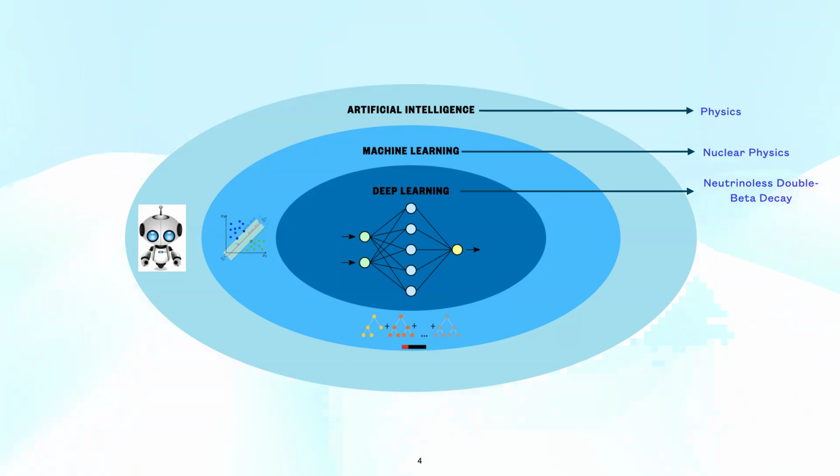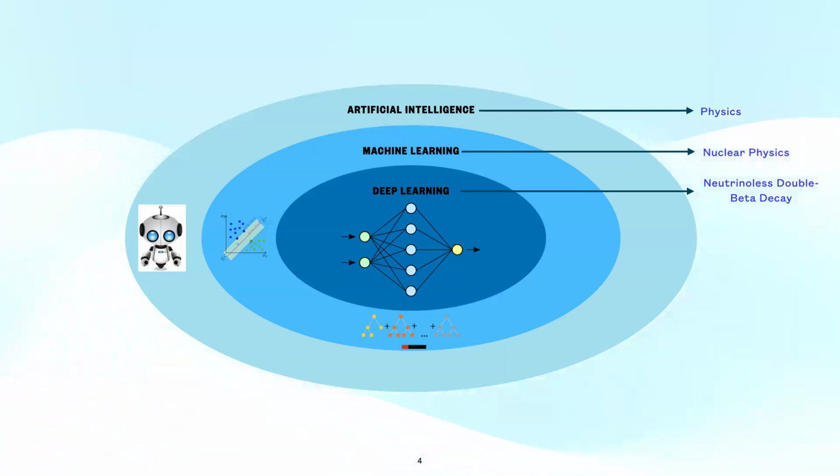Machine learning is contained within artificial intelligence. It contains a lot of different models like neural networks, support vector machines, and the boosted decision tree model we're going to talk about. Machine learning is smaller than artificial intelligence, but it's still a very broad field. And deep learning specifically refers to the neural networks that we discussed in the last lecture.